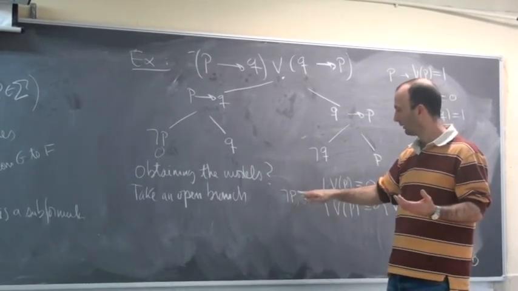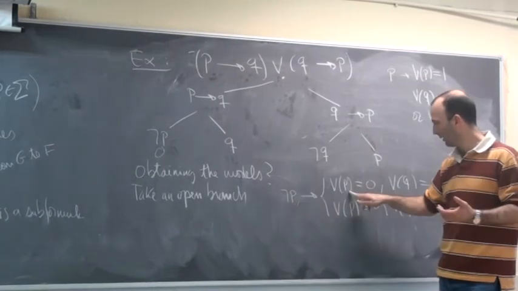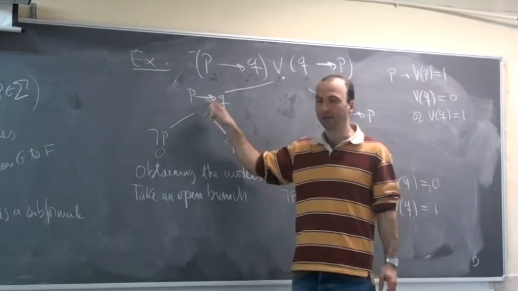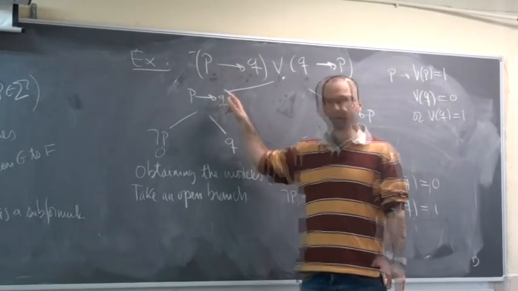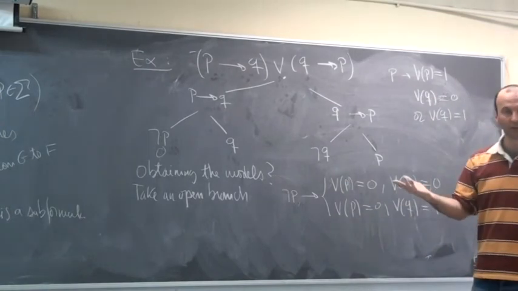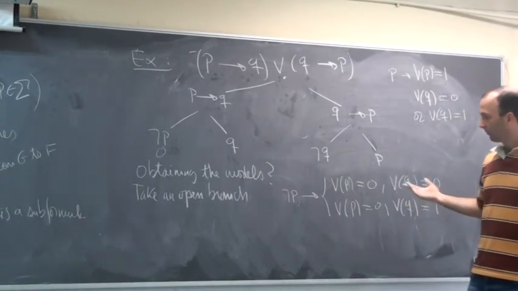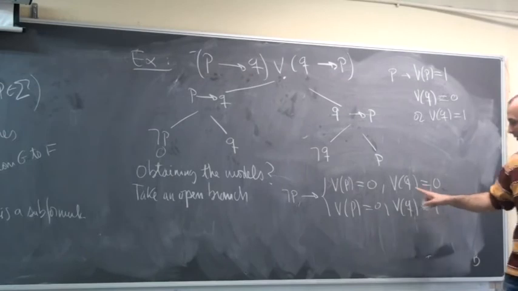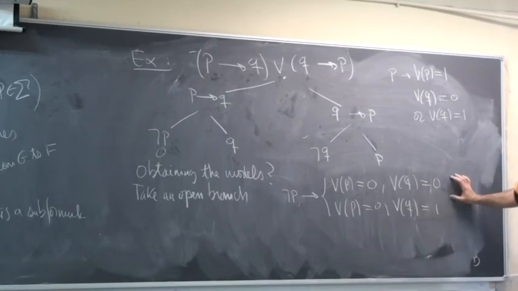So not P means that P must be false. Right? So in the evaluation I set P equals 0. What about the other variable? My branch says nothing about it. Yes, it means that you have the freedom of setting that variable as you wish. So, well, I have two values, true or false. So P0, Q0, P0, Q1. The only two possibilities. Right?